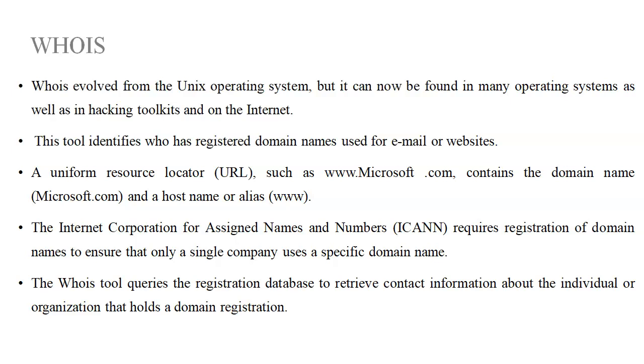URL means uniform resource locator, such as www.microsoft.com, which contains the domain name microsoft.com and a host name or alias, www. ICANN, the Internet Corporation for Assigned Names and Numbers, requires registration of domain names to ensure that only a single company uses a specific domain name.